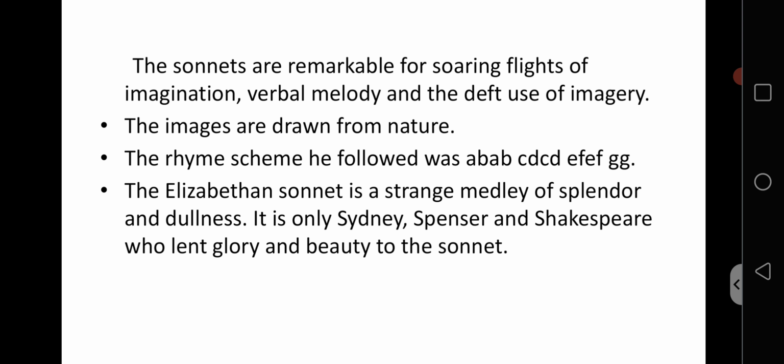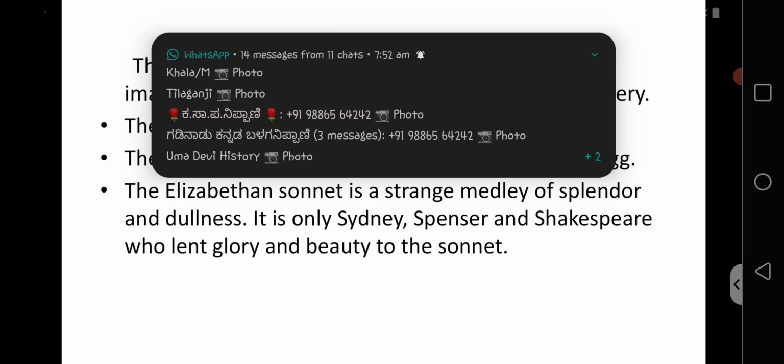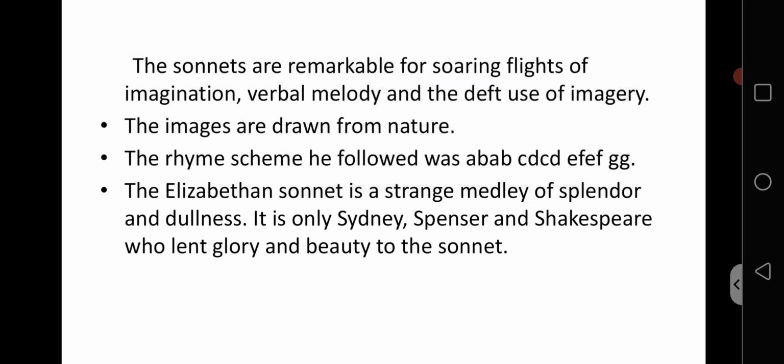So the worth mentioning sonneteers of this period are Sir Philip Sidney, his Astrophel and Stella, Sir Edmund Spenser, who wrote Amoretti, and William Shakespeare. They gave English sonnet glory and beauty. So these are some of the most important sonneteers.